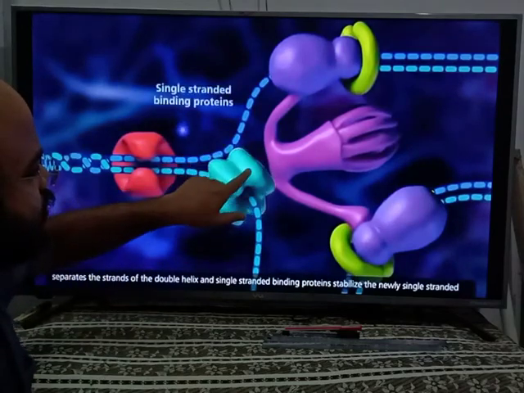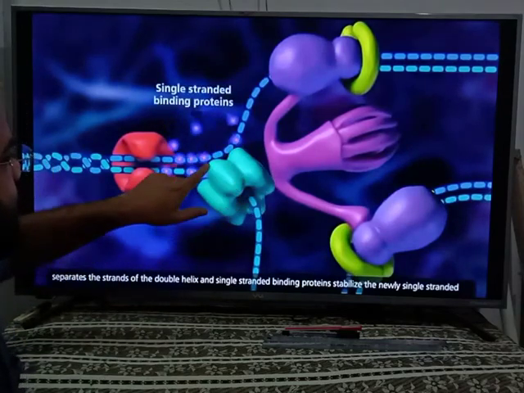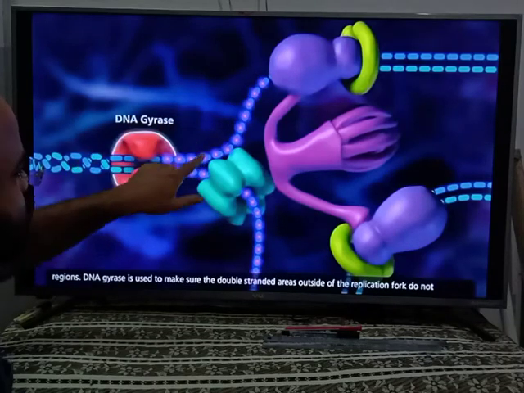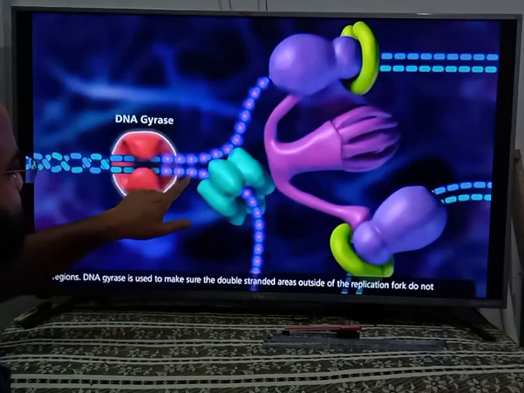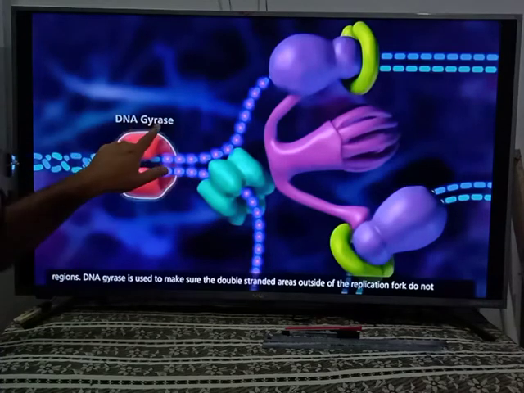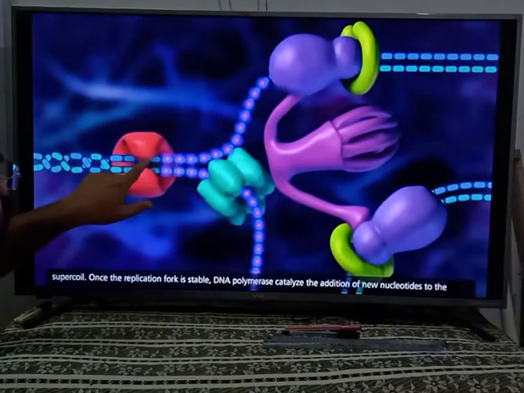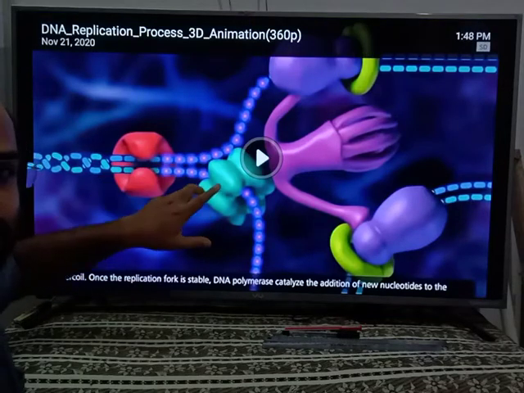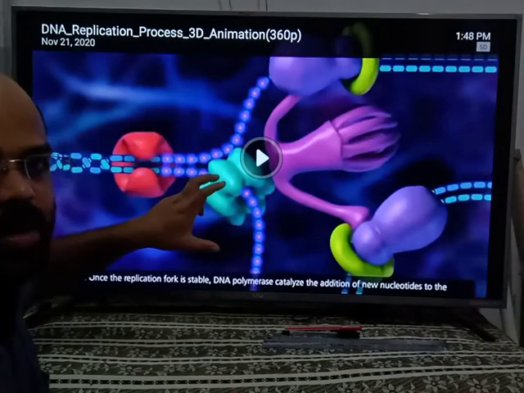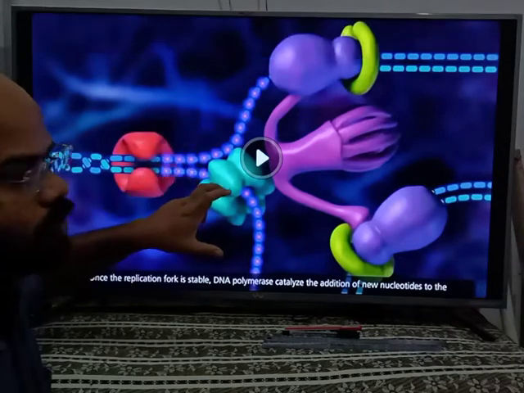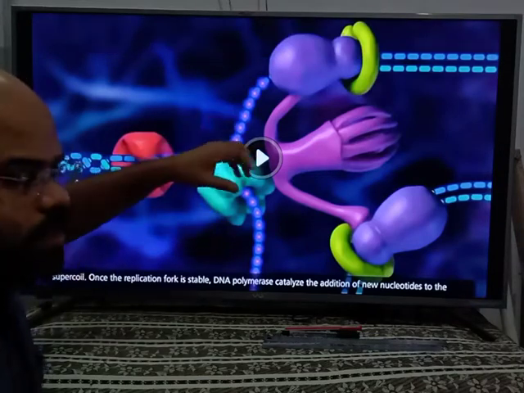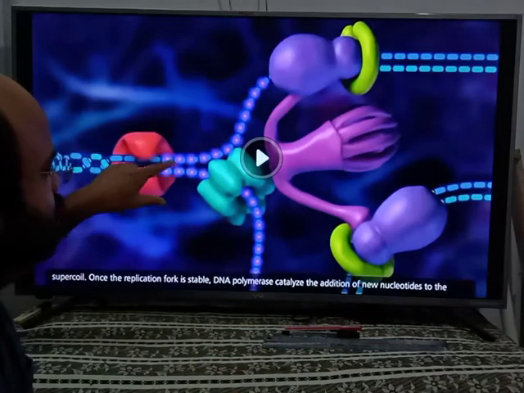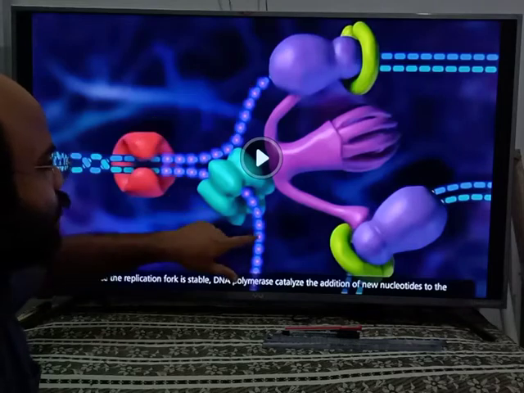Helicase unhelixes the DNA, and this is the gyrase or topoisomerase, and the single stranded binding protein. We know helicase and gyrase help in unwinding or unzipping the double stranded DNA by breaking the hydrogen bonds. Then the single stranded binding protein will come.